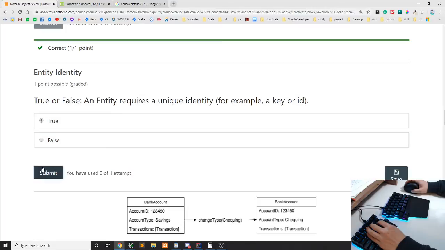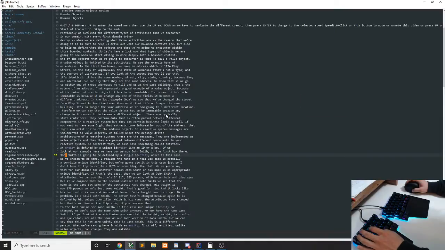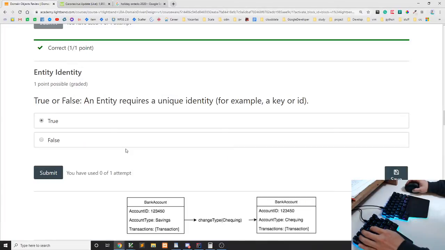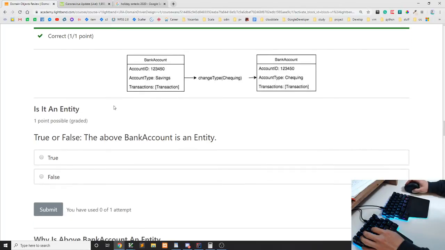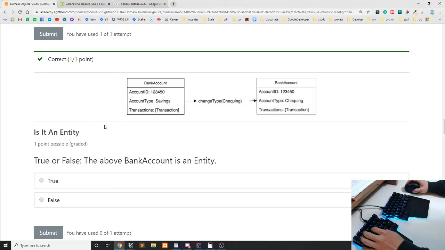True. An entity requires a unique identity. Entity is defined by a unique identity. So in here, is it an entity? Yes.